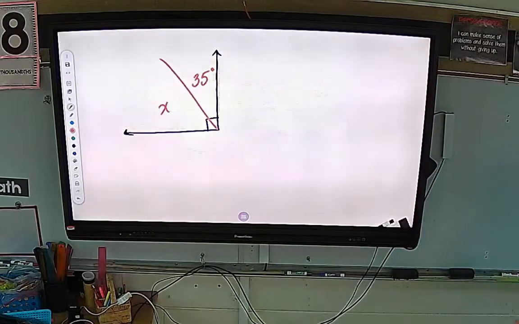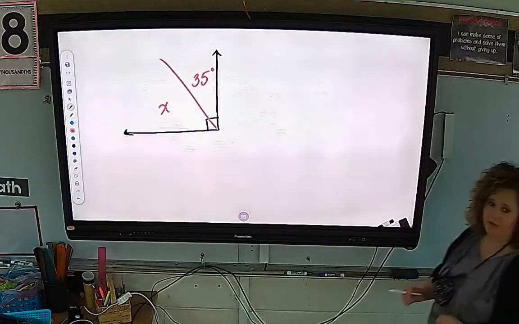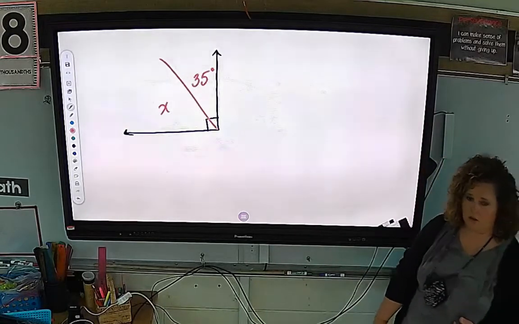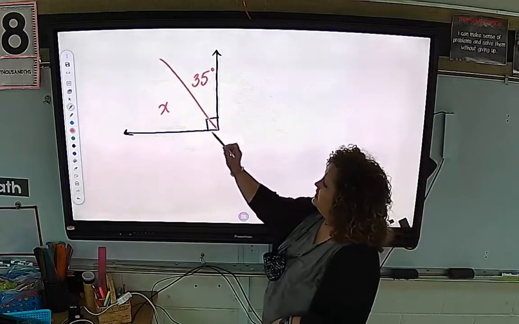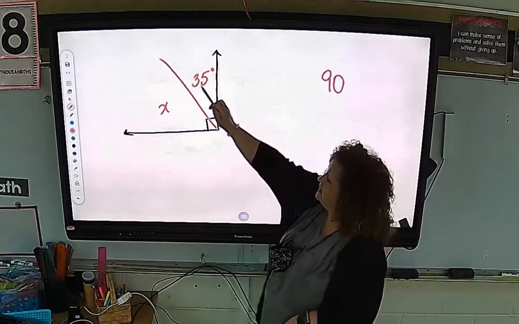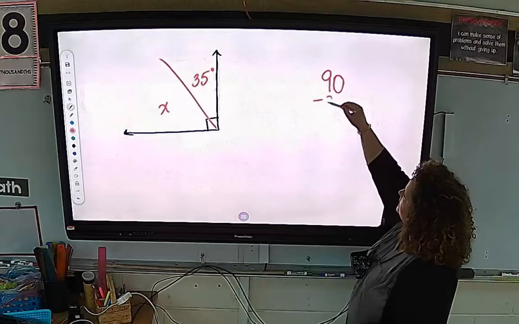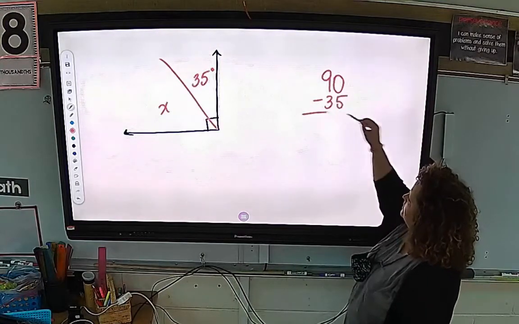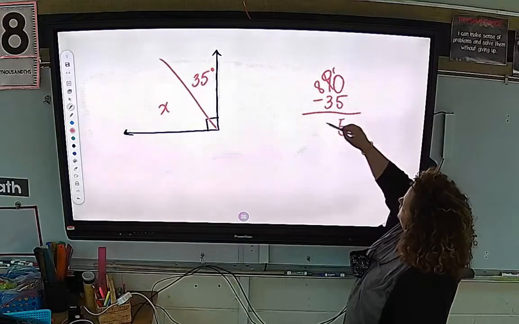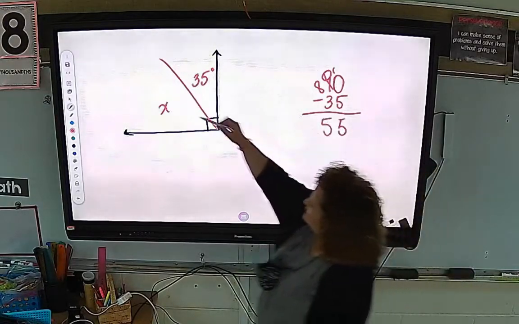This is really just knowing what your total is and figuring out the missing piece. Okay, we know because of this, our total is 90. I know if I take away that piece, I'm going to get the missing piece. So, 55 degrees is what X is.